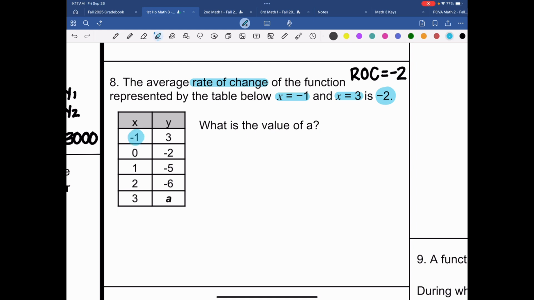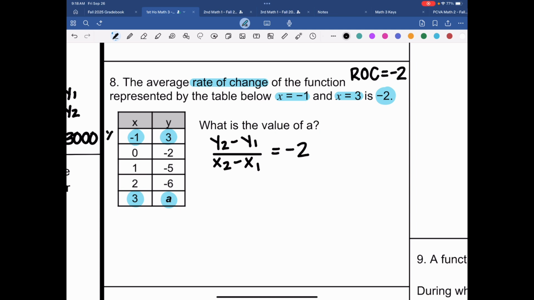If I look at -1, that goes to 3. If I look at 3, that's a. That's the missing number. So remember, my formula is y2 minus y1 over x2 minus x1, and we know that equals -2 because that's the rate of change.